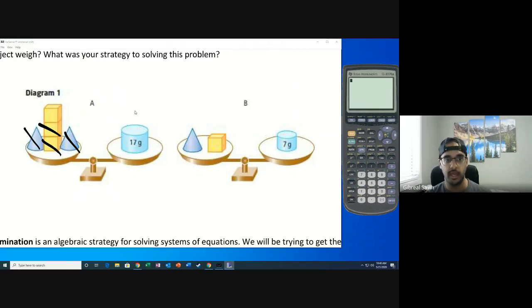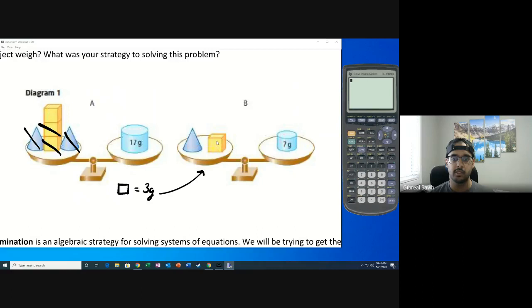So by thinking about it that way, I can reasonably assume that the cube has a mass of 3 grams. Since I know that 2 cones and 2 cubes should have a mass of 14, the remaining object has to be the remaining mass. That just logically makes sense. Now, if that cube is worth 3 grams, I can take it and look over to the other side of the picture.